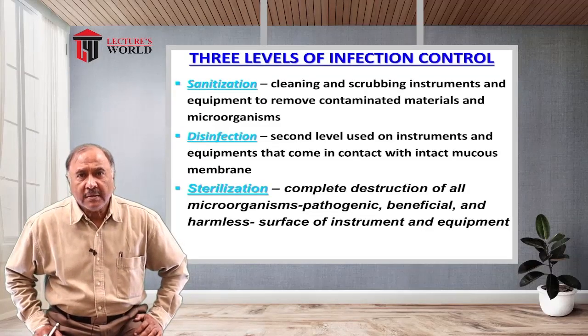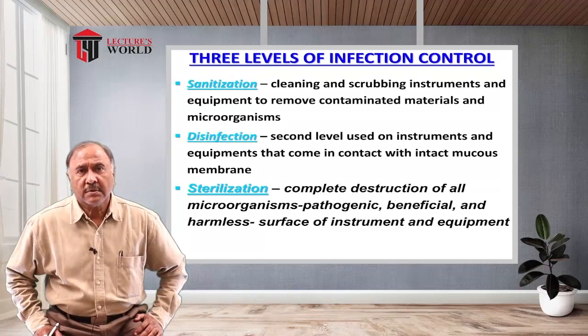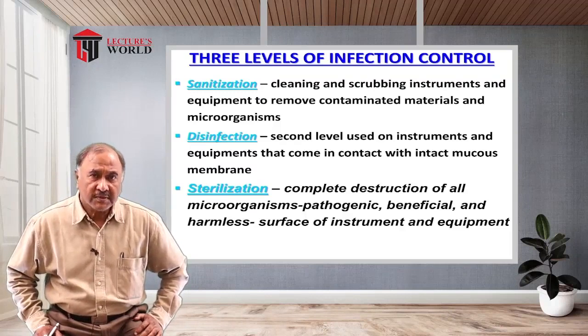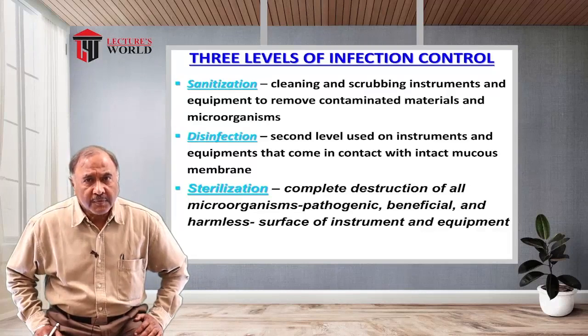Now, if we break any link in this cycle, in this chain, naturally the infections can be brought under control. And during an epidemic, like as we have suffered in the past 2.5 years regarding coronavirus, if any of these links is broken, then this pandemic disease can be brought under control.